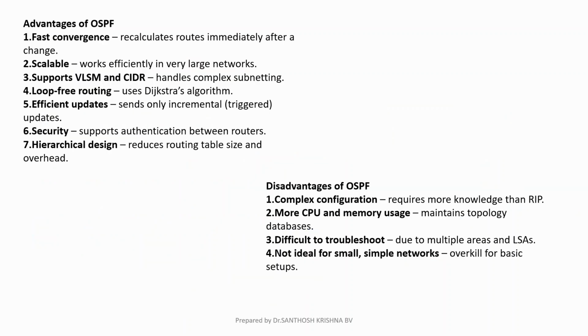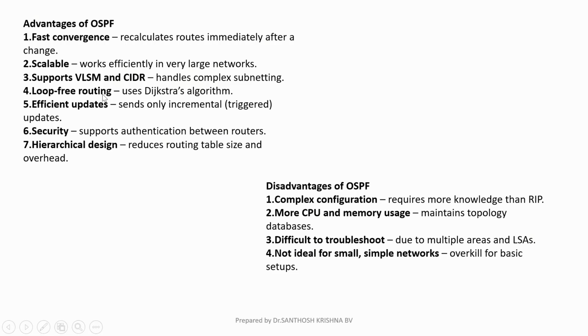And what are the advantages of OSPF? The main advantage is fast convergence, which means it will recalculate the routes immediately if there is a change, and it is scalable. It works efficiently in a very large scale network, and it supports both VLSM and CIDR so that it can handle complex subnetting.